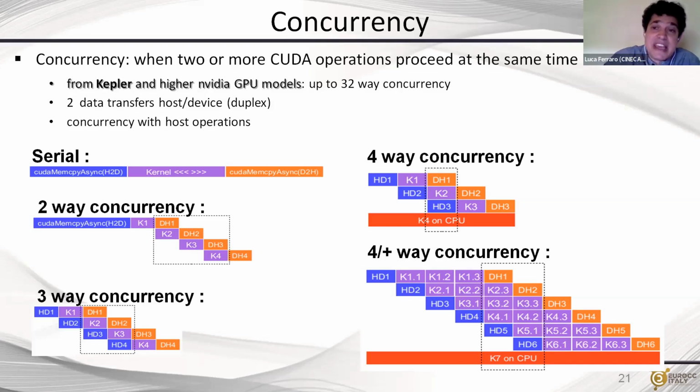Okay, so this is a very interesting technique. And this technique can also be used when you have a big portion of data that is bigger than, for example, the device global memory size.